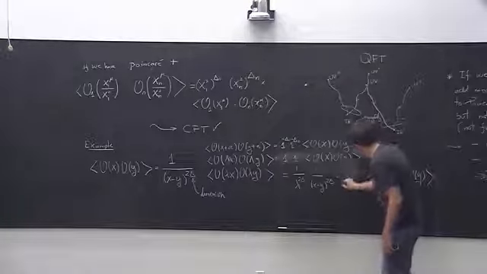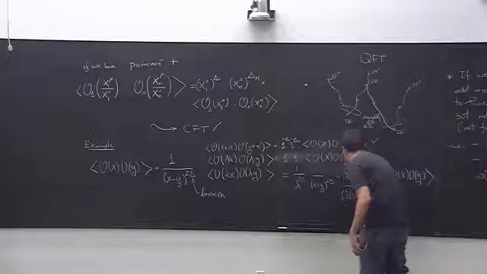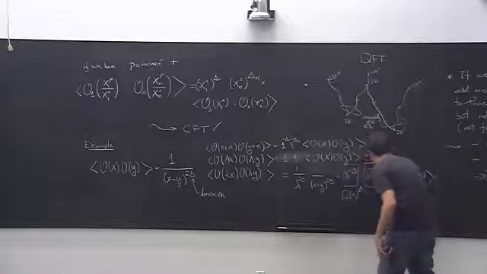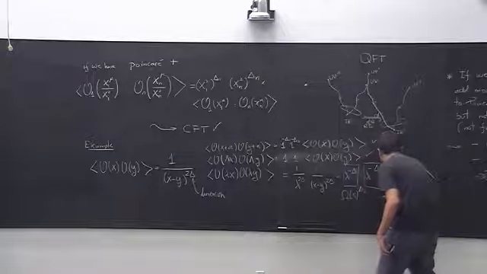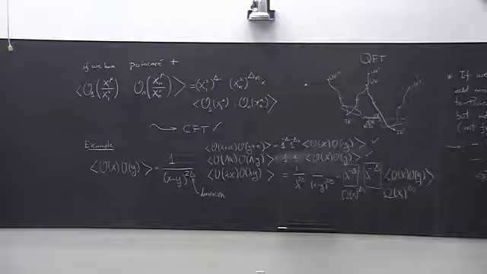This is the first factor, omega at the point x1 to the power minus delta 1. And this is omega at the point x2, x2 is y, of course, to the minus delta 2. And the operators are the same, so delta is the same.